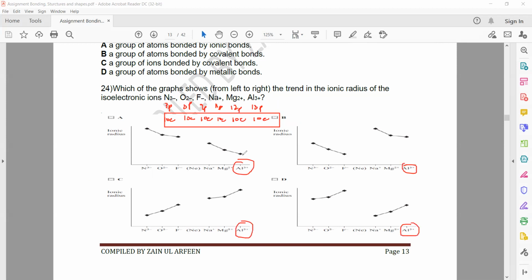So this aluminum has the smallest size, so that's why A is the right answer for this question. Is it clear? Any doubt in this part?